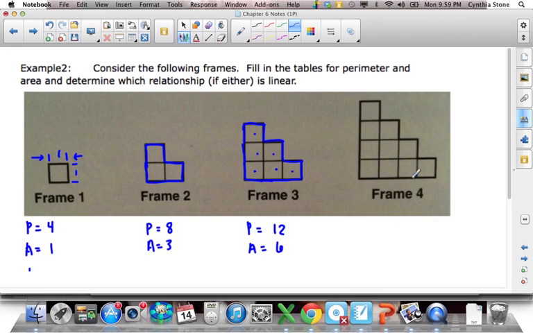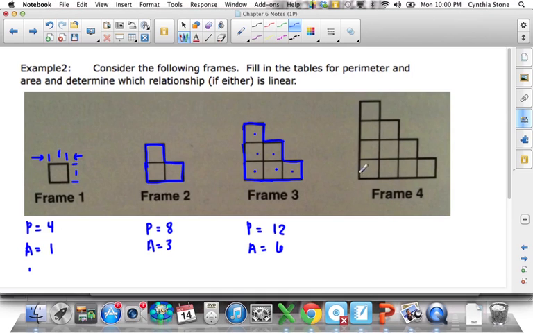Perimeter is 16. Remember, by the way, I'm only counting the outside. I'm not counting any of the inside lines for perimeter. It's always the outside edge. And for area, count the boxes: 1 through 10.